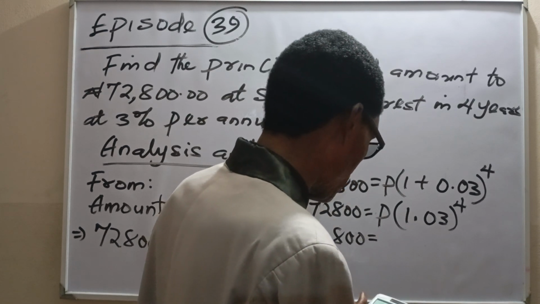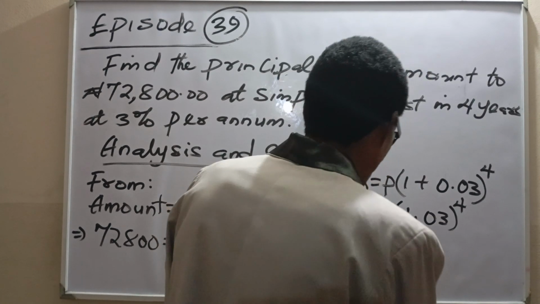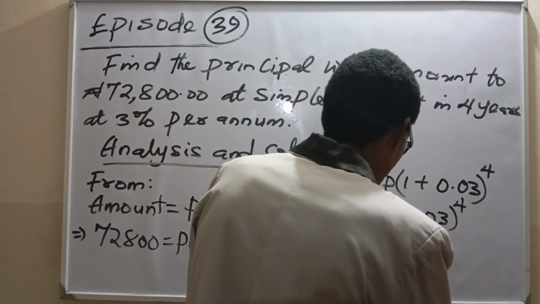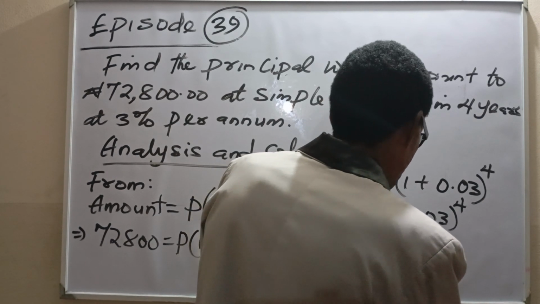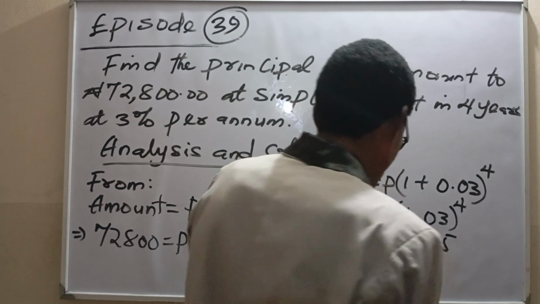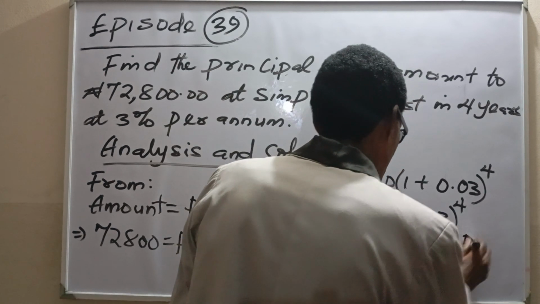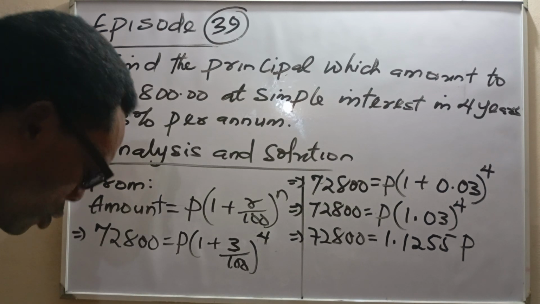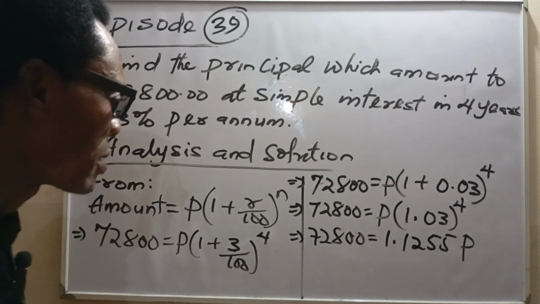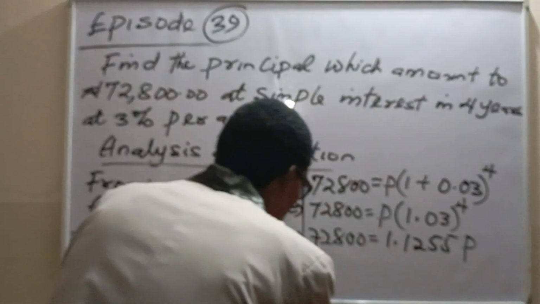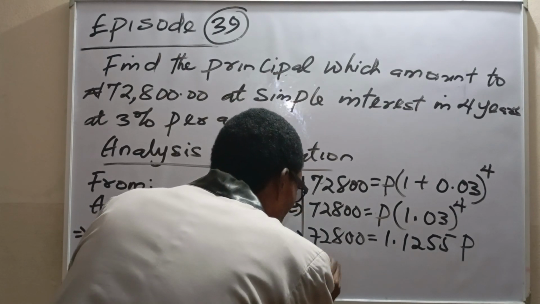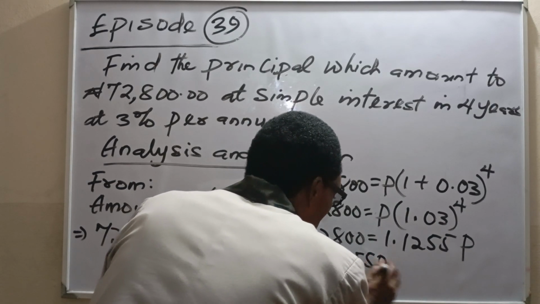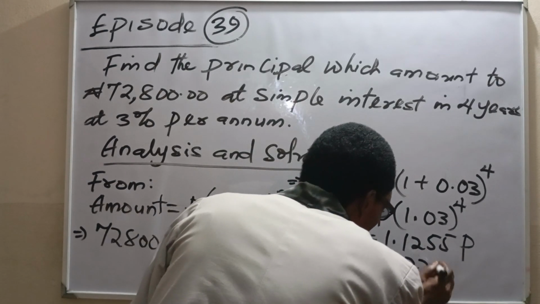So 1.03 to the power of 4 is 1.1255. Therefore we can bring this to the front: 1.1255 P equals 72,800.